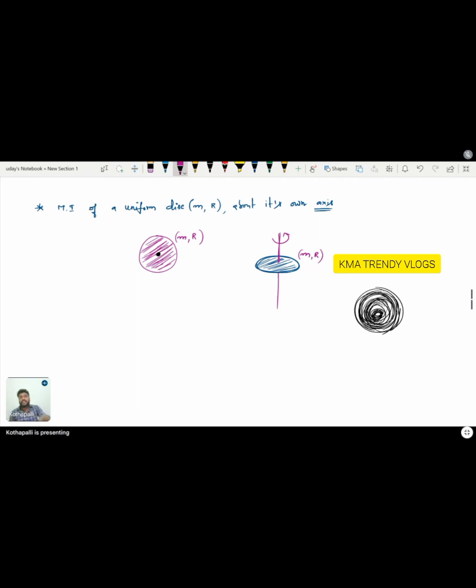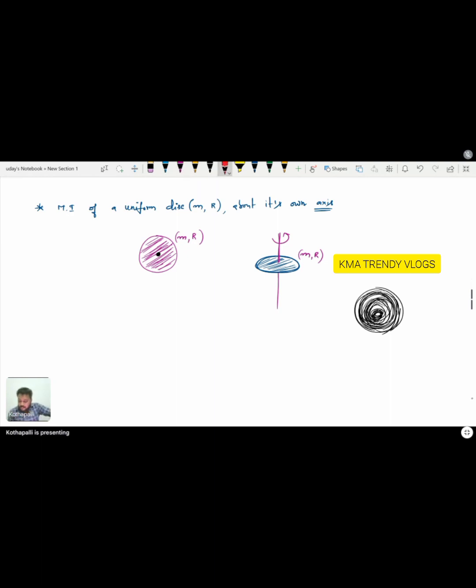I think in electrostatics recently also we discussed a concept called electric field due to a disk of charge by using the electric field due to a ring of charge. By considering the electric field due to a ring and taking the disk as the combination of rings, we integrated the value of the ring electric field from starting radius to ending radius, and we got the value of electric field due to the disk.